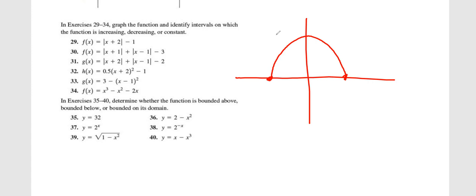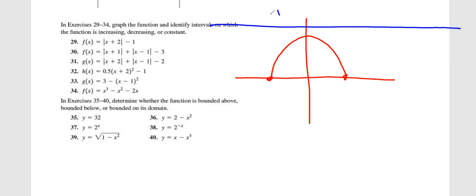Can you draw a line on this graph anywhere? Any horizontal line. Has to be a horizontal line, I should say. And the graph will never go above it. Can you draw any horizontal line and the graph will never go above it? Sure, there's lots of them.